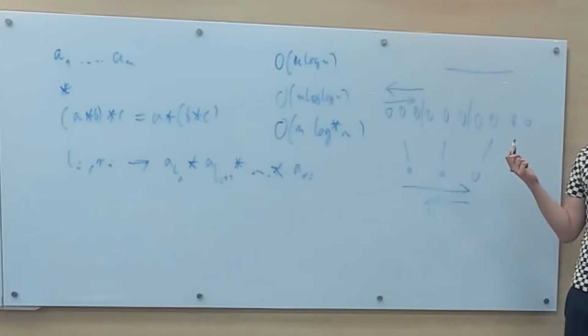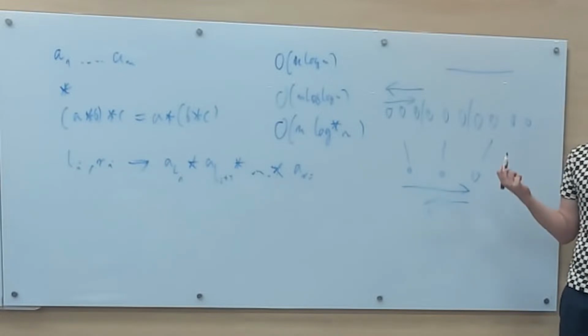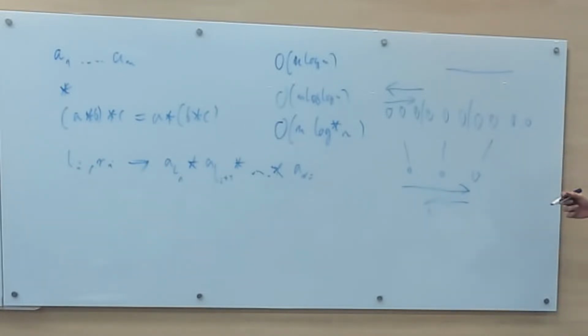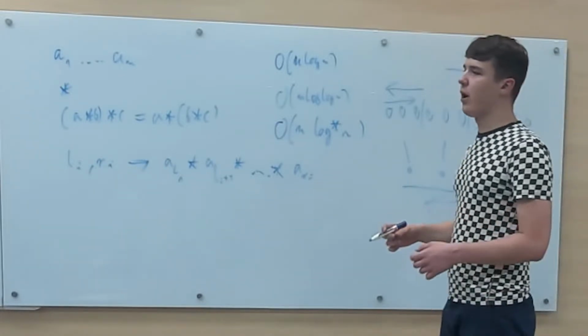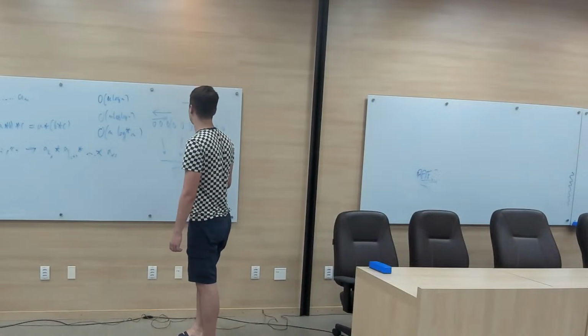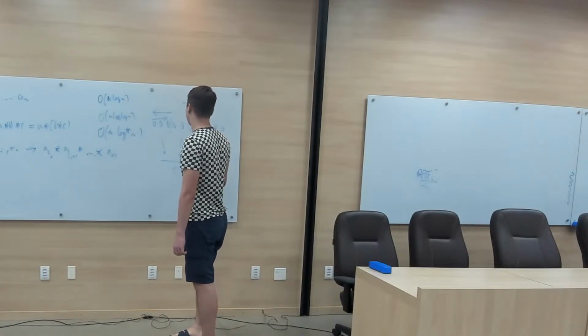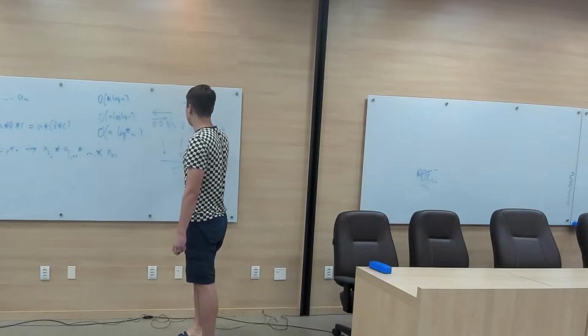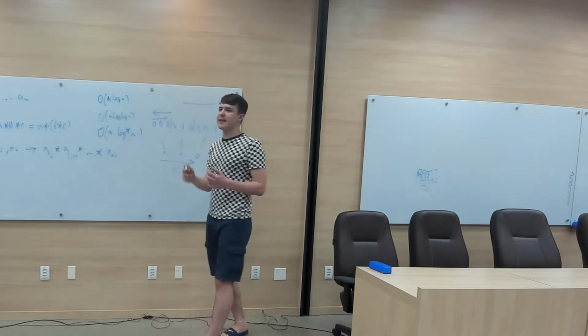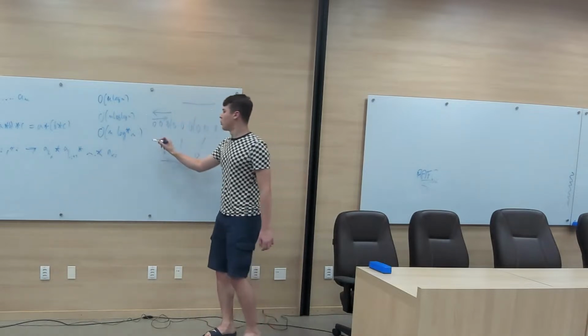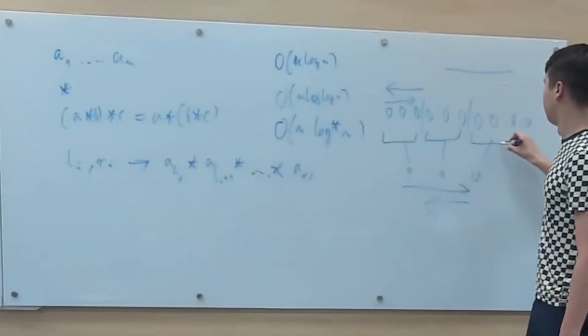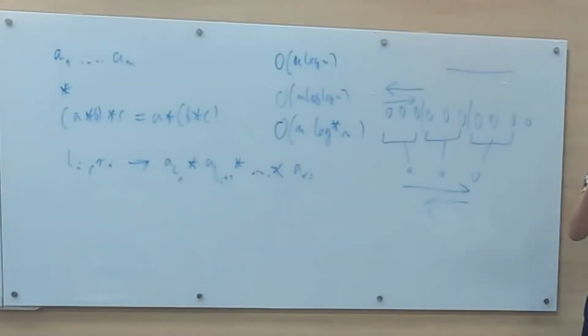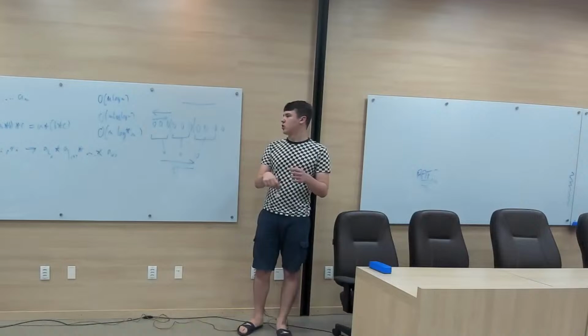Does anyone have a question about that? Okay, cool. What if the query does not intersect a bar? To support those queries, we can run the same algorithm on those intervals of length square root and iterate this until we reach length 1.